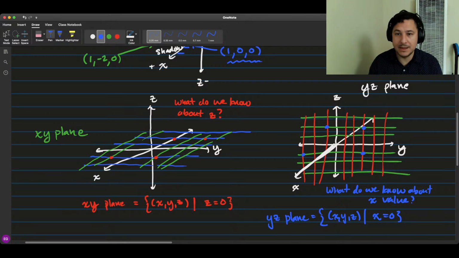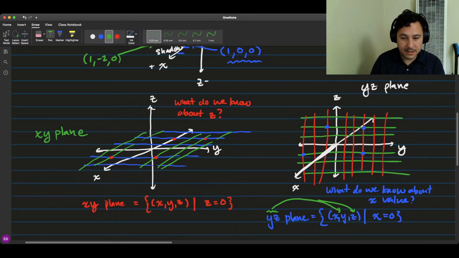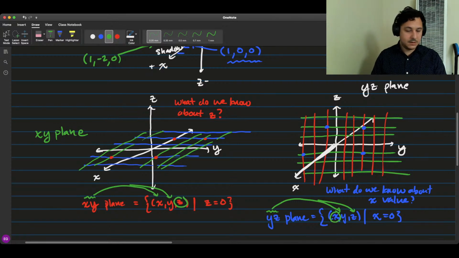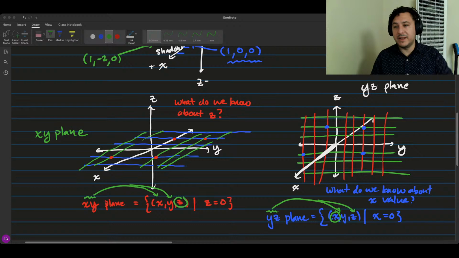The y's and the z's, they're the ones that could be something other than 0. Same thing over here. X and y are the things that could be non-zero. Right? Because z is 0, x is 0. So the stuff that's 0 that's not in the name.